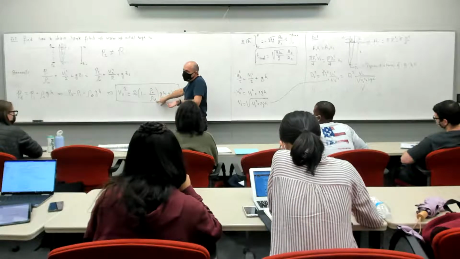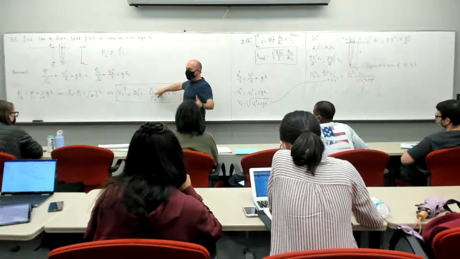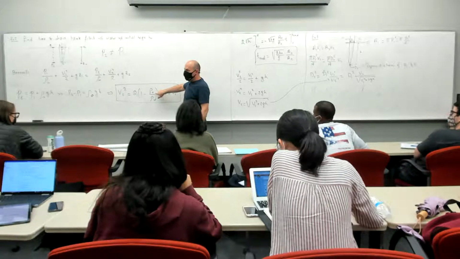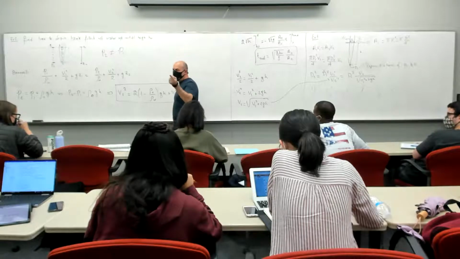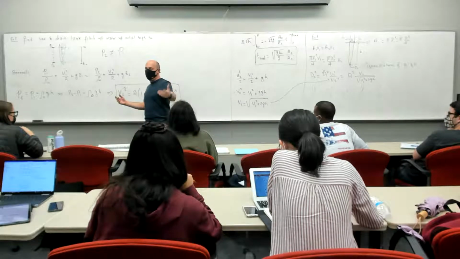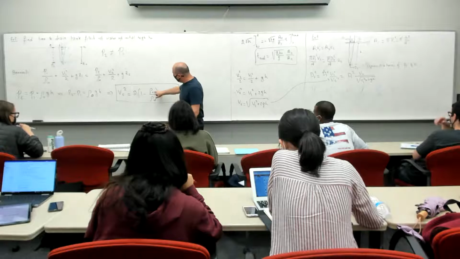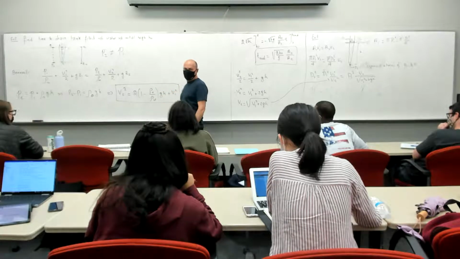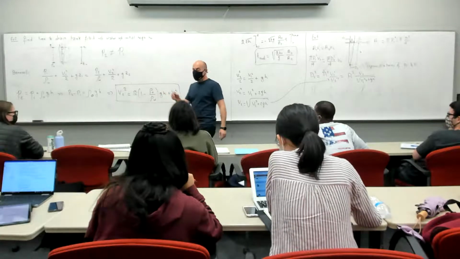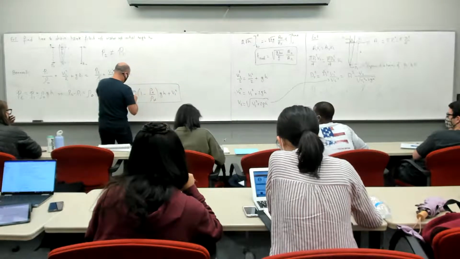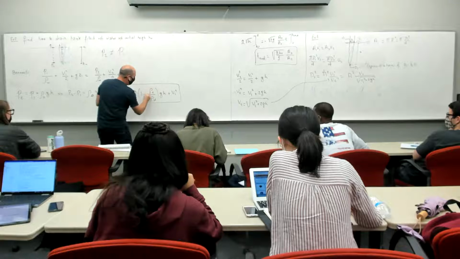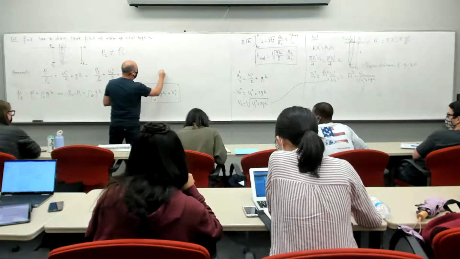So rho water stays rho water, but what happens to the surrounding fluid? What is the density of air compared to water? Density of air is like 1, density of water is 1,000, right? So when this ratio goes to 0, what they said is that this ratio approaches 0.